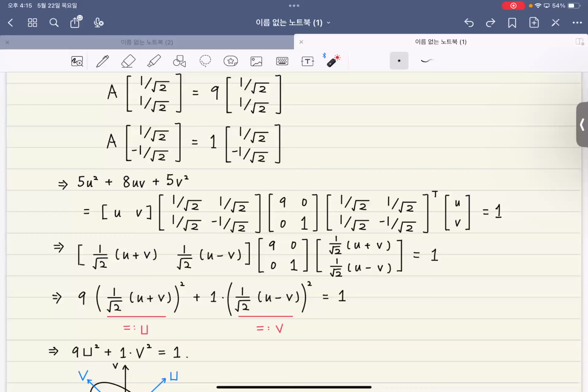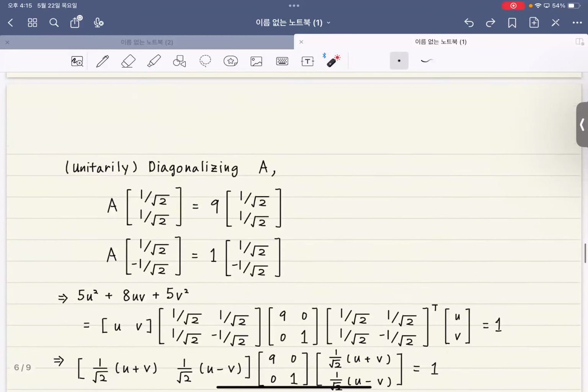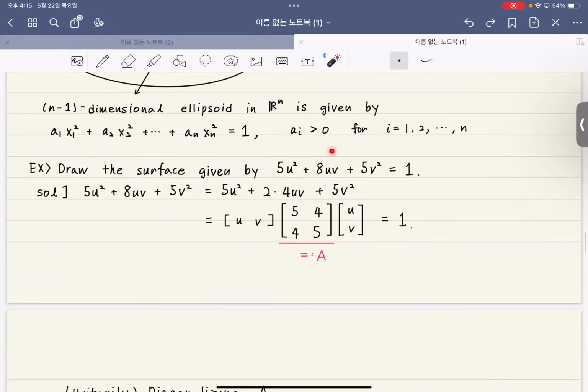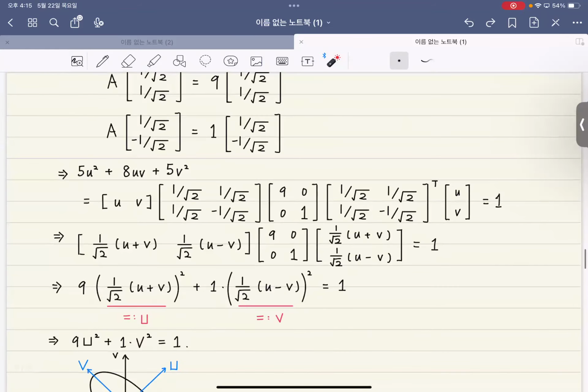Okay, but hold on. What are my large u and large v axes? Originally the question was given in the small u and small v axes, so my final answer should also be drawn in the small u and small v plane. How do you identify the large u and large v axes?